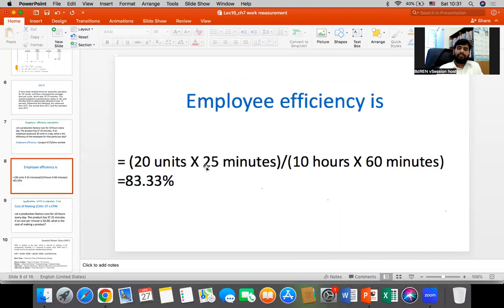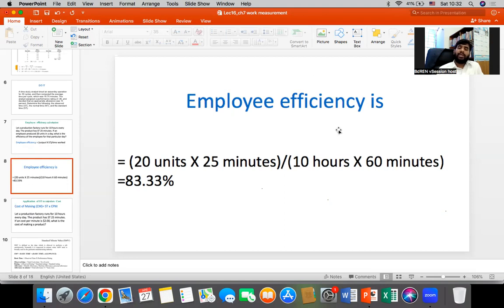Both parts of the division must be in the same units, otherwise you cannot explain employee efficiency.